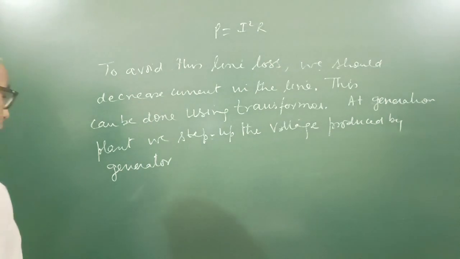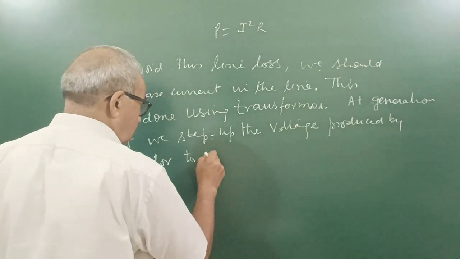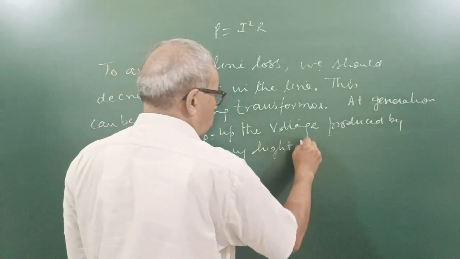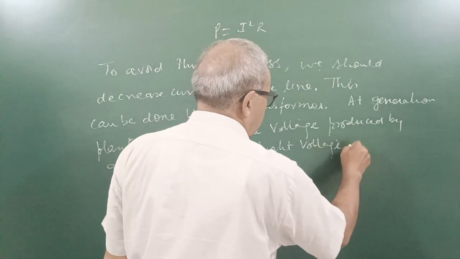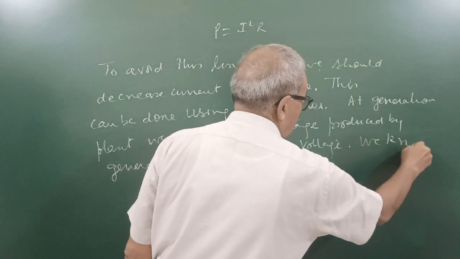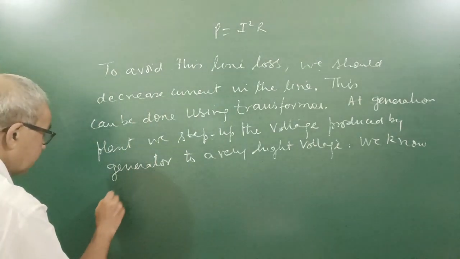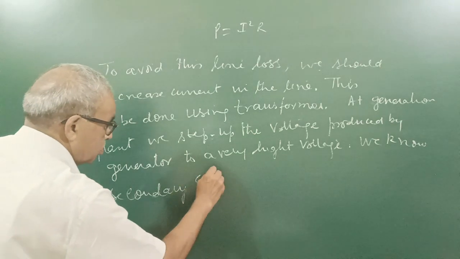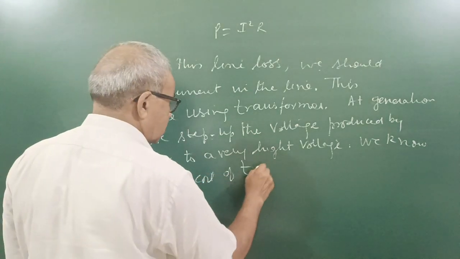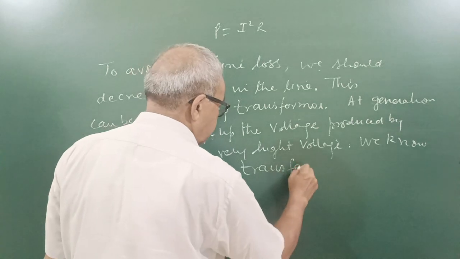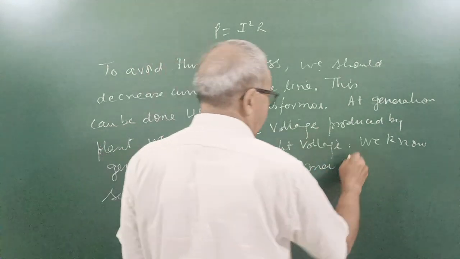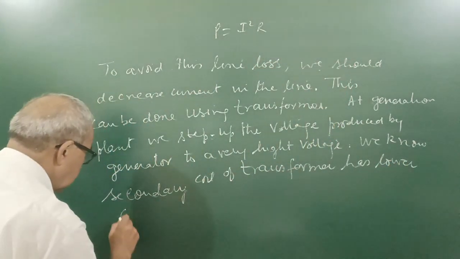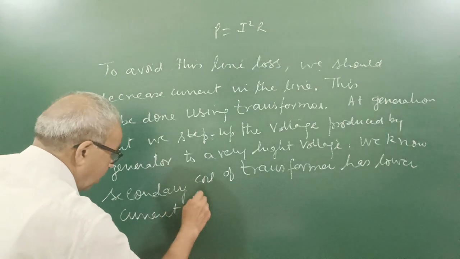We raise the voltage produced by the generator to a very high voltage, and we know the secondary coil of the transformer has lower current than the primary.